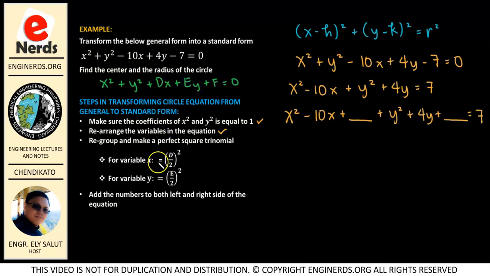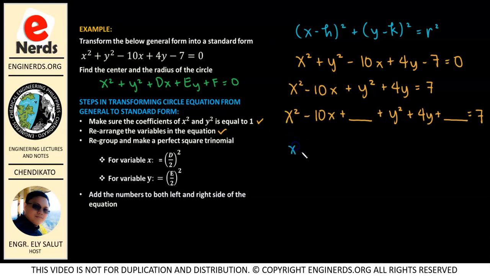So, ano yung ating d? Kasi, para makuha natin itong value ng ating constant dito para makagawa ng perfect square, we need to divide the value of d to 2 and then square the answer, no? So, let me do that here.